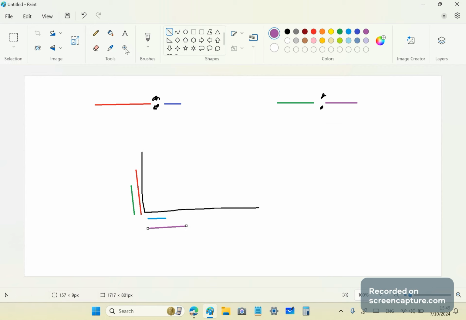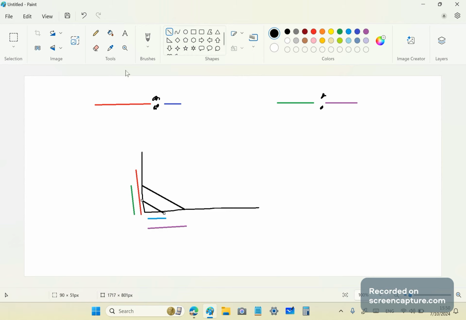Then all we do is connect these two. Let's say the green one is there and the magenta one is there. Then we connect the green and magenta like that. Okay. And then we just simply find a line parallel to that one, which is like that.